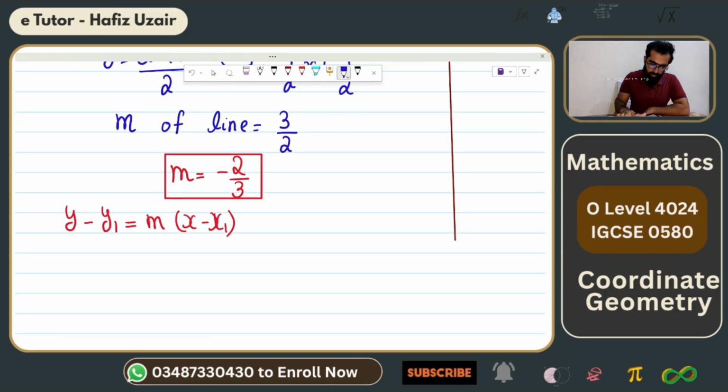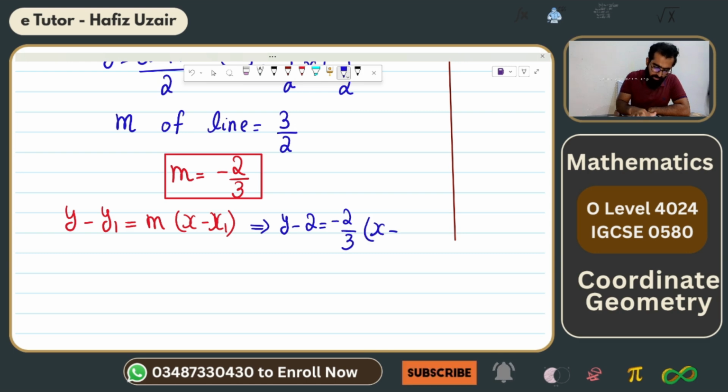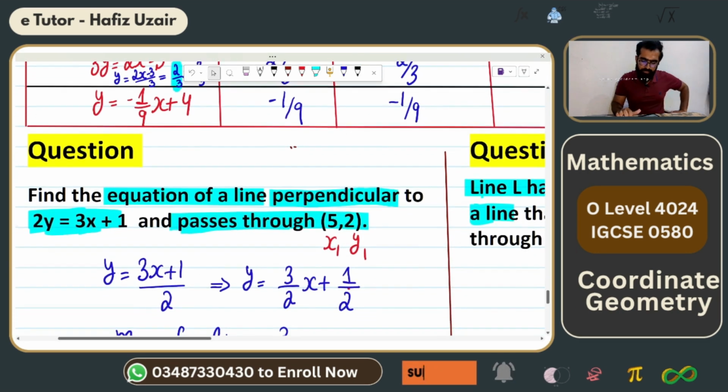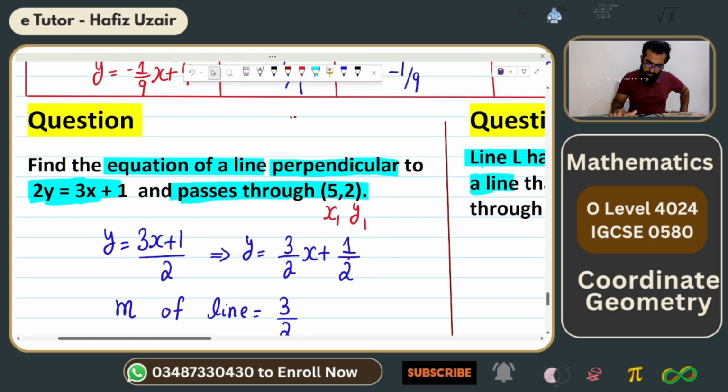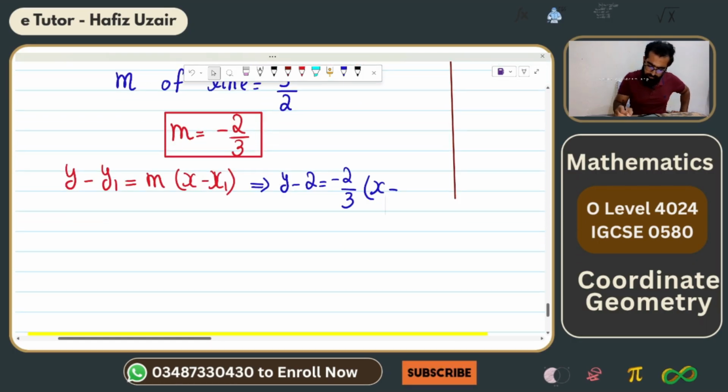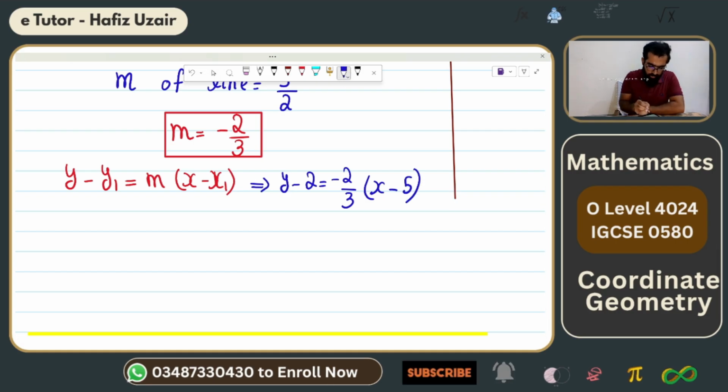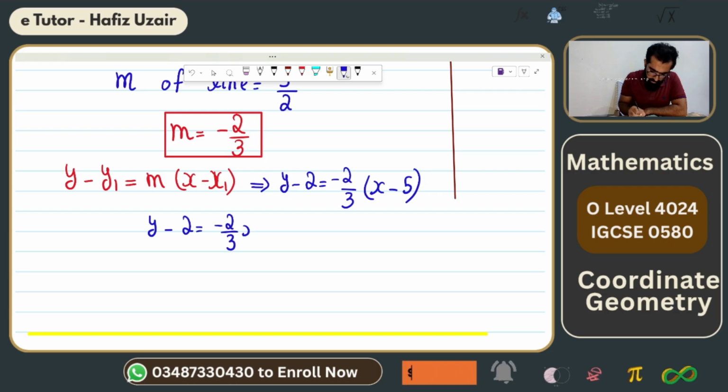So let's substitute the values. y minus 2 is equal to minus 2 by 3 times (x minus, what is the value of x1 over here? x1 is 5). Just expand the bracket. So y minus 2 will be equal to minus 2 by 3 x, then minus and minus sign will change into a plus sign. So that will be plus 10 over 3.